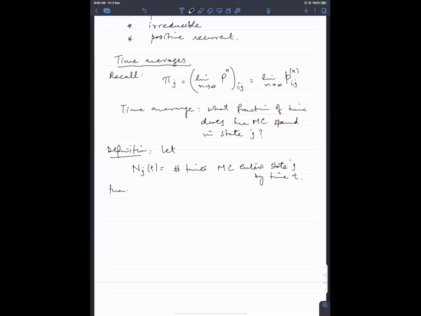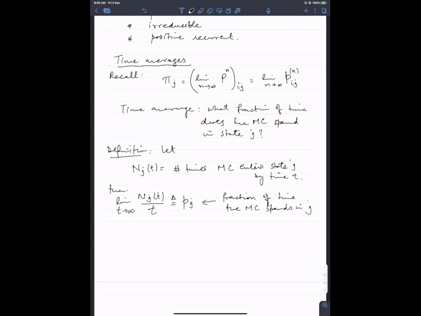Then N_j(t) divided by t, limit t going to infinity, is going to be p_j, which is the fraction of time. हम इसको ऐसे define कर रहे हैं, fraction of time the Markov chain spends in state j.